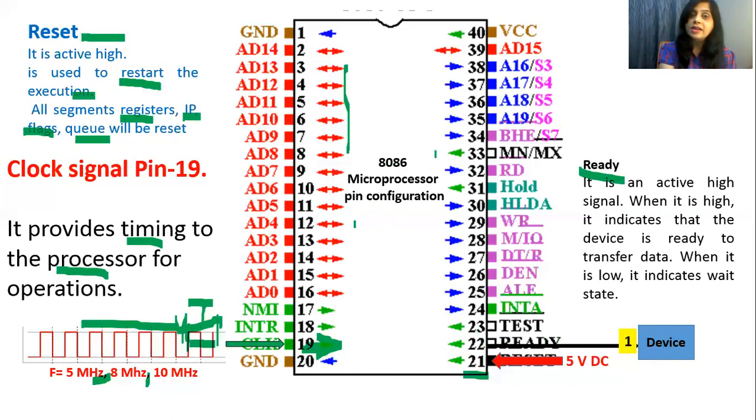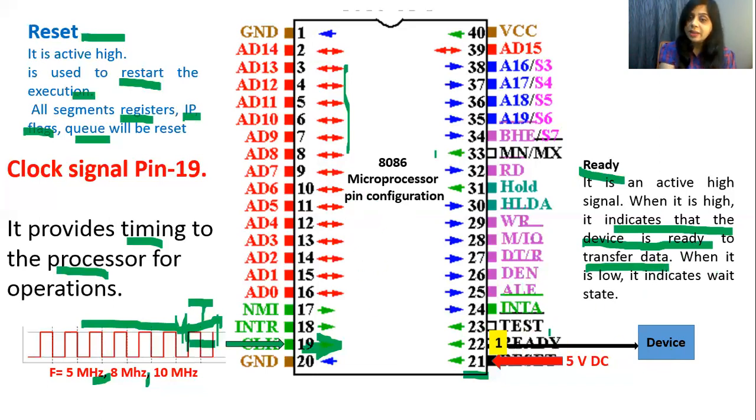Then how will 8086 understand whether this device is ready to transmit or receive data? For that, the ready pin is there. So whenever this device sends logic 1 on this pin to the 8086 microprocessor, it indicates that the device is ready to transfer data.